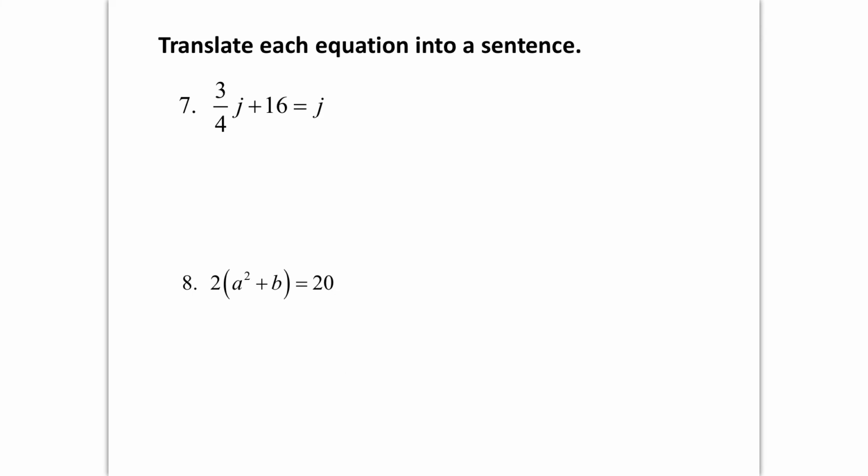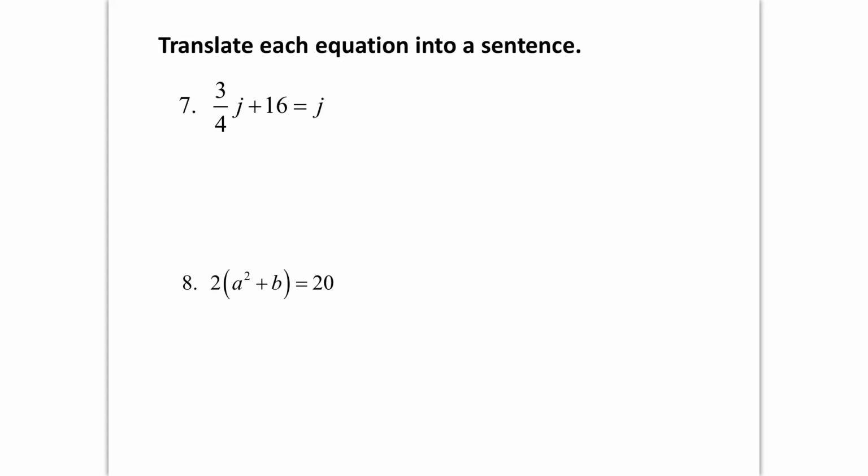Now this one here is actually going backwards. We want to translate the equation into a sentence. So first let's understand the equation. The equation I have is the fraction 3 over 4 j plus 16 equals j. We can actually use the words a number instead of j.